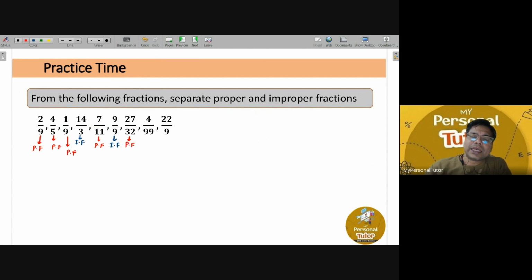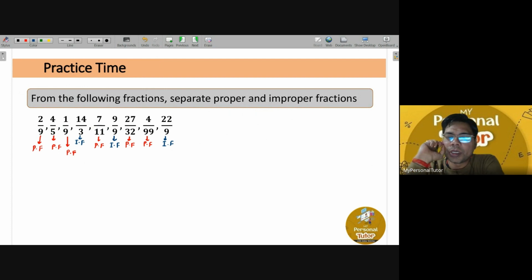Now coming to the next fraction, that is 4/99. If you observe carefully here, 4 is less than 99, and hence this is also a proper fraction, right? Now coming to the last one, 22/9. So here 22, that is numerator, is more than denominator. So what we have learned, whenever numerator is more than denominator, it is called an improper fraction.